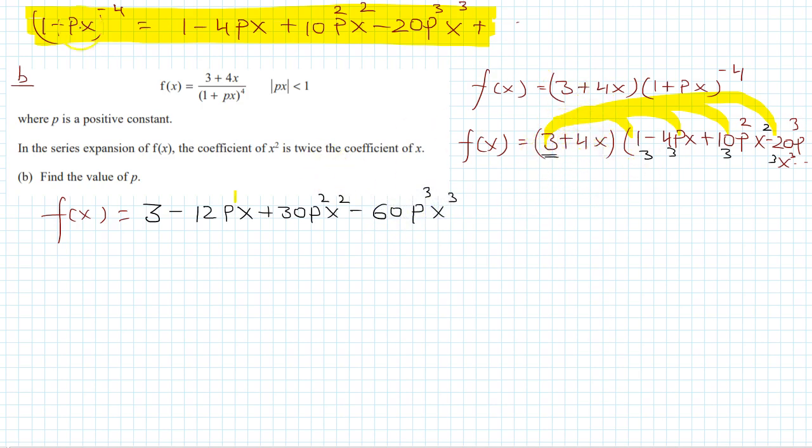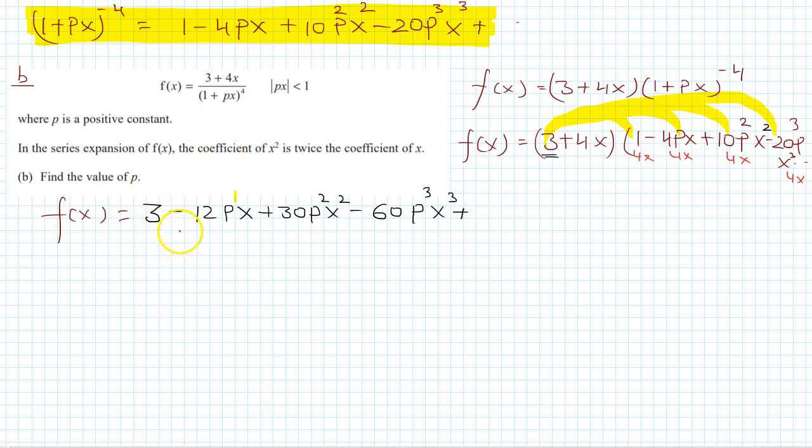Now we have to multiply it by 4x. So let me delete this and write this by 4x, this by 4x, this by 4x, and this by 4x. So this will be plus 4x. It is good if I write x under x.